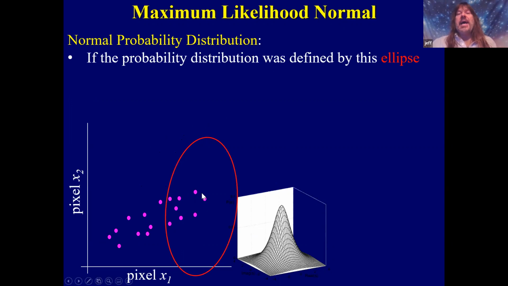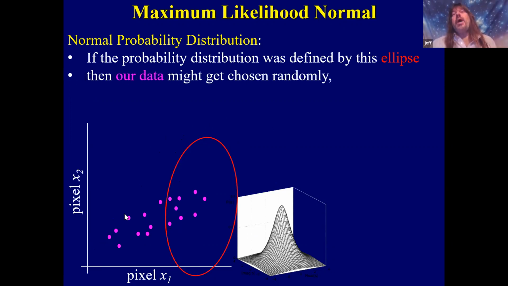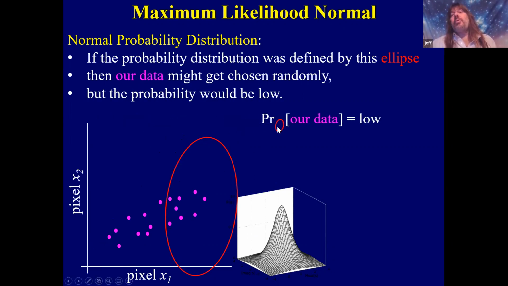And you might ask, given this probability distribution, are you going to obtain this data, right? Well, you might get this data, right? It's certainly possible, but we're going to say the probability of getting this data given this ellipse is relatively low, right? Does that make sense?